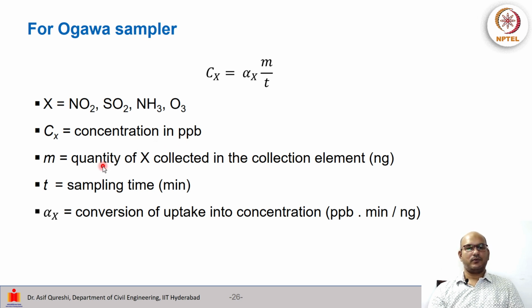The M value is the quantity of X collected in the collection element in nanograms. T is the sampling time, and alpha x would be the converted uptake rate into concentration, so ppb minute per nanogram. So that will give our concentration Cx in ppb.